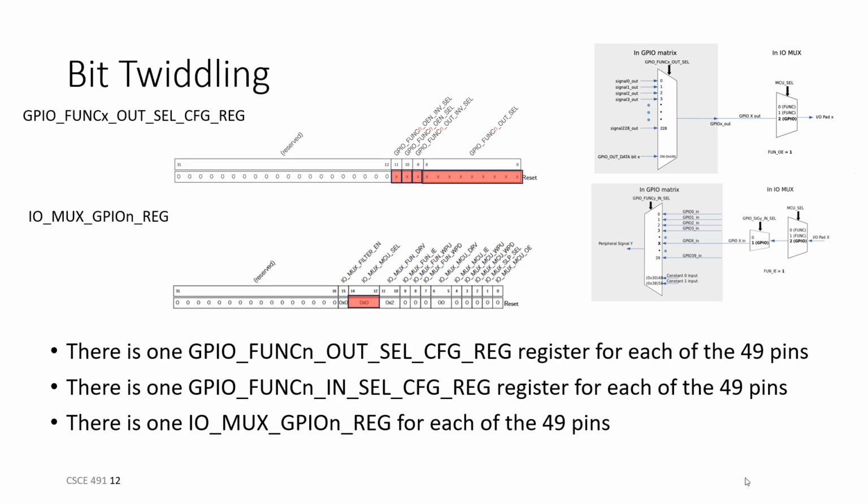Okay? So in this case, really quick, just to give you an idea, for the GPIO matrix, there's a special input called 256 that's used for GPIO. That's the way you could have the software bit bang. If you're doing bit banging, you just want to write a value, you use 256, right? That allows you to send a 0 or 1 as determined by the software. That's your digital write.